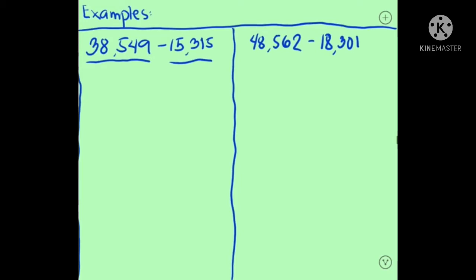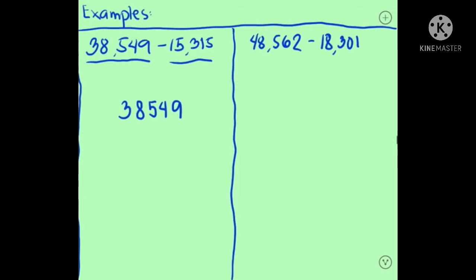Alright? So I will write first the minuend, which is 38,549. Okay? And then minus 15,315.